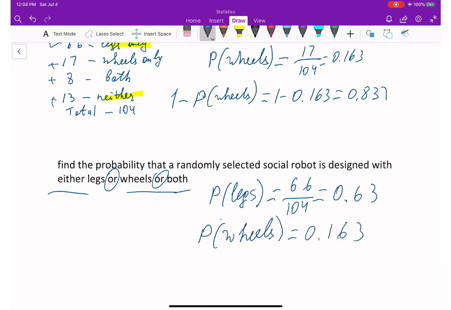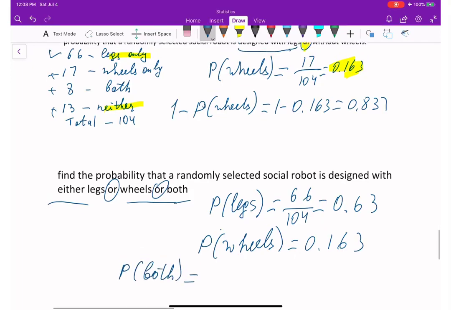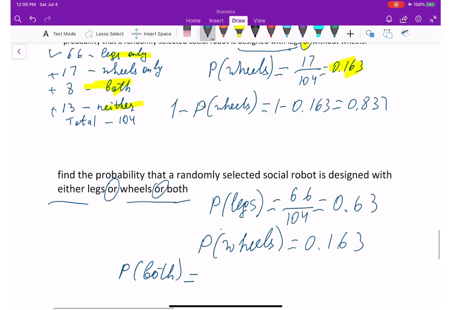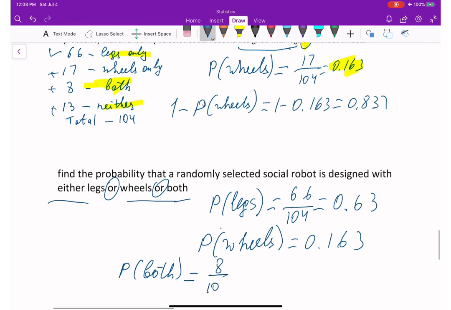It's right here. And lastly, the probability of both is 8 over 104. 8 divided by 104 is 0.08.